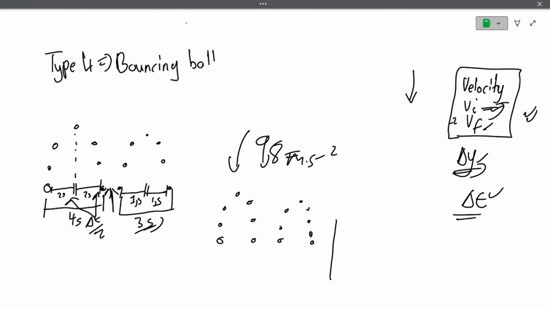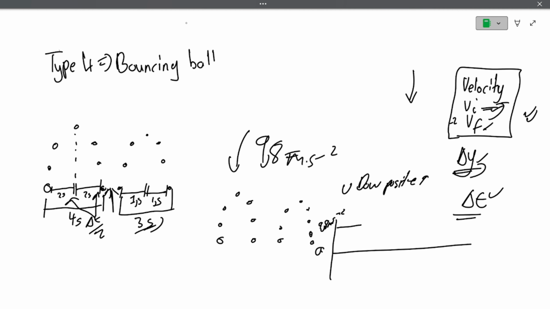That's why in some graphs, when they draw an acceleration-time graph, if you say down is positive, it means the acceleration throughout the whole distance will be 9.8 meters per second squared, and you will see it being constant.